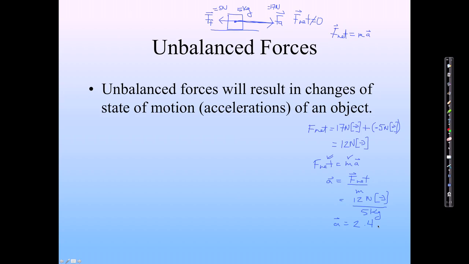Now, what do we do with these units here? Newtons per kilogram? That is correct, but if we remember that newtons are equal to kilogram meters per second squared divided by units of kilograms, then our acceleration becomes 2.4 meters per second squared, which is appropriate because those are the units of acceleration.